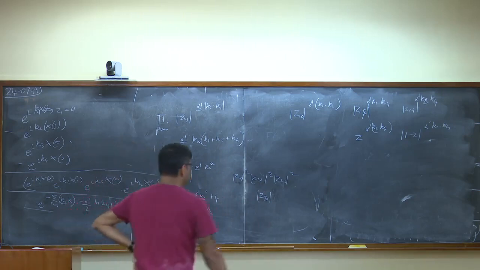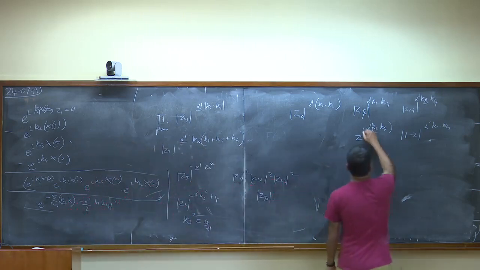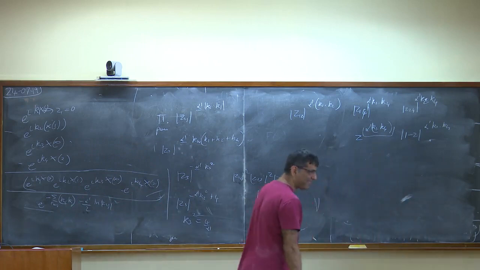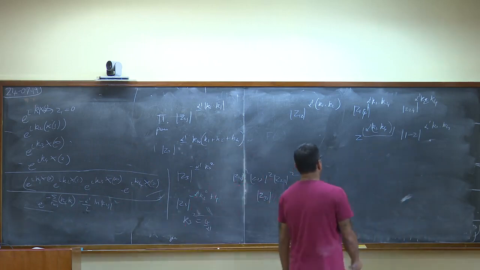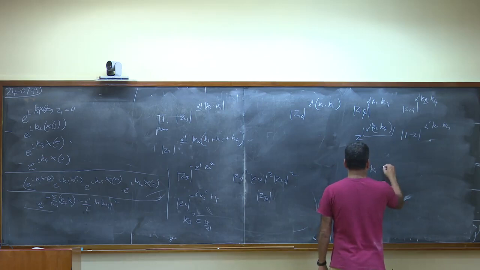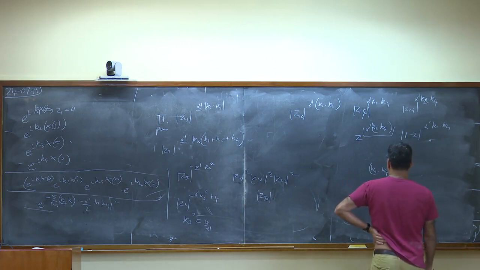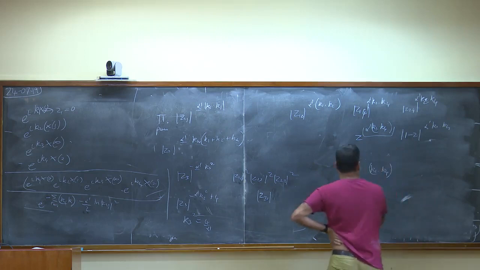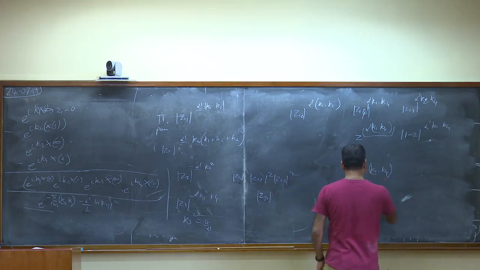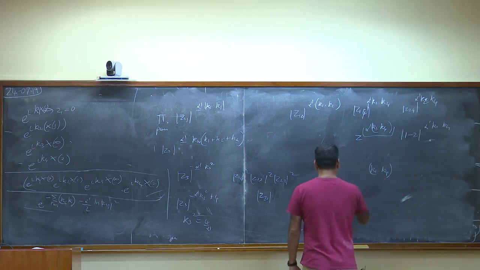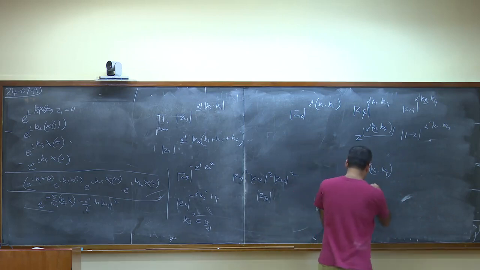Now all that remains is to see what this is, K1 dot K4. Let's do it exactly. K1 plus K4, the whole thing squared, was equal to minus u.